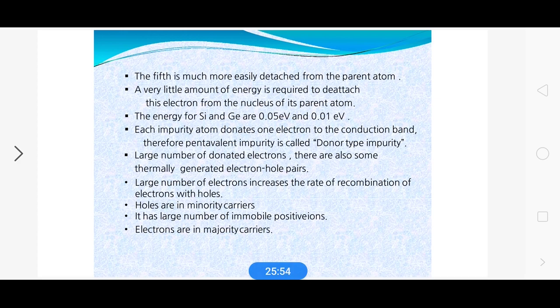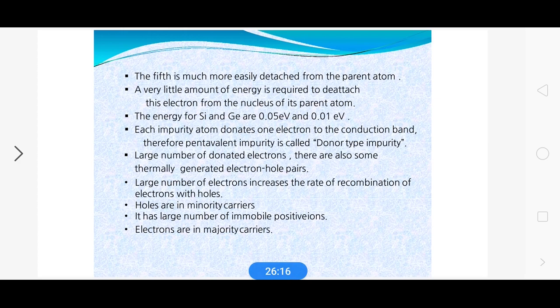Along with the large number of donated electrons, there are also some thermally generated electron hole pairs.